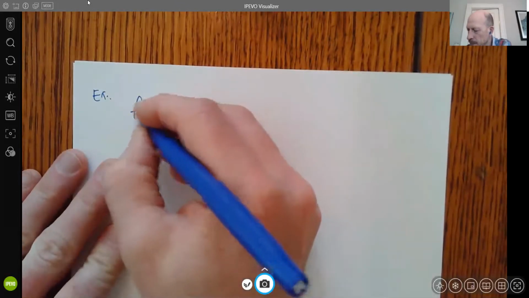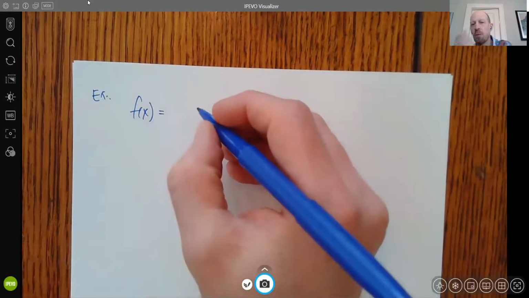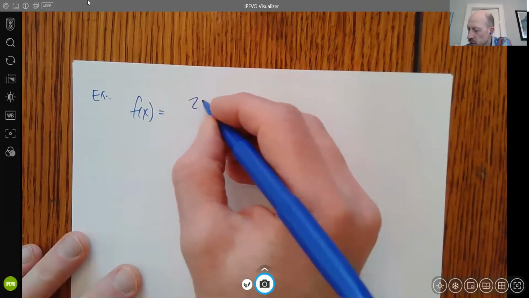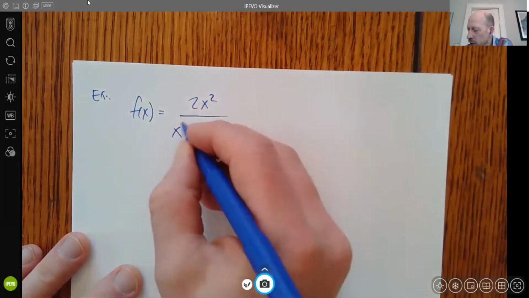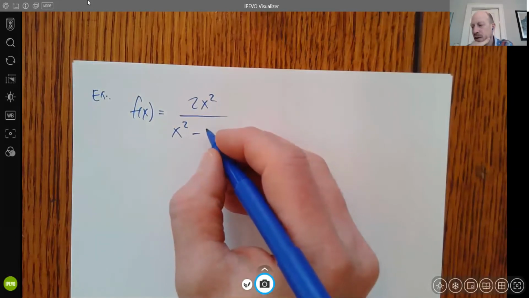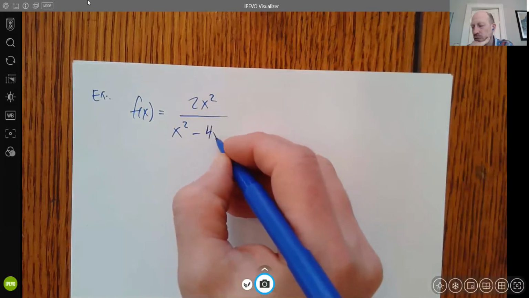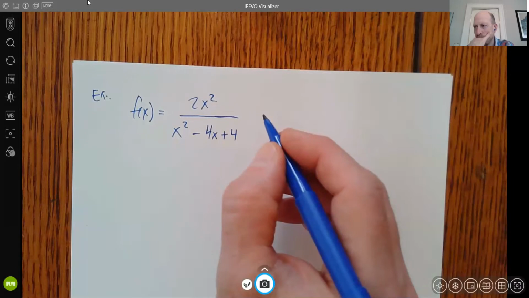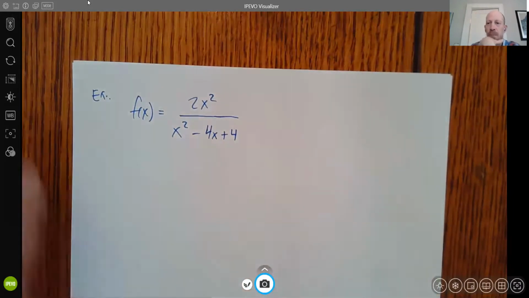Let f of x equal, let's try 2x squared over x squared minus 4x plus 4. Okay, let's try that.